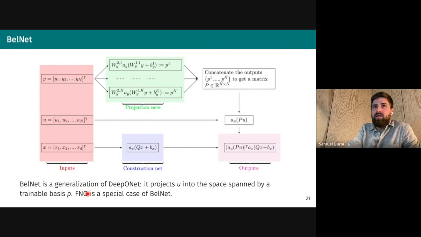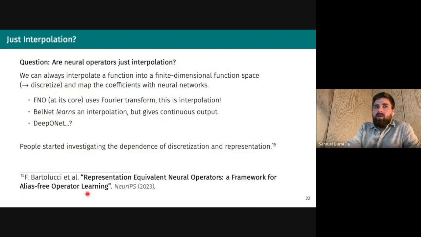And yeah, one final controversial question is, if you talk about neural operators, is this just interpolation? Because if you want to map a function, you can always interpolate a function into a finite dimensional function space. It means discretizing it, for instance, in a polynomial space or in a piecewise linear space.